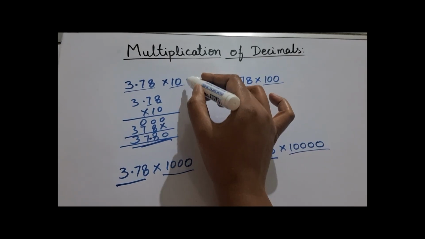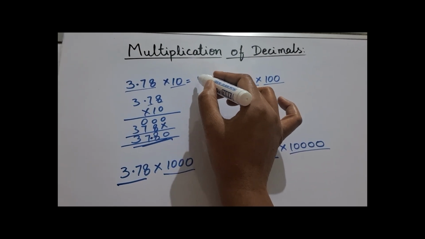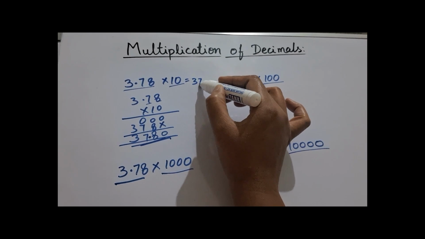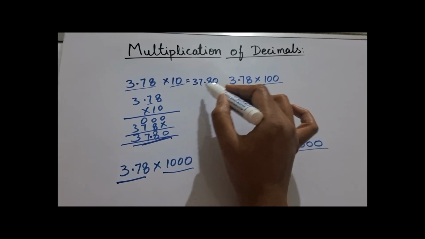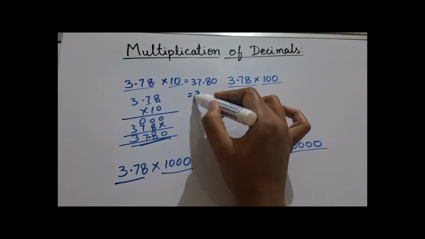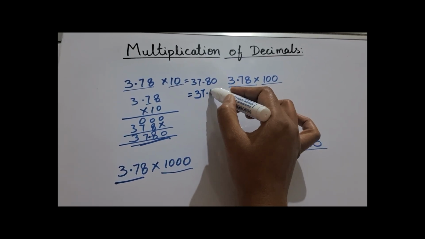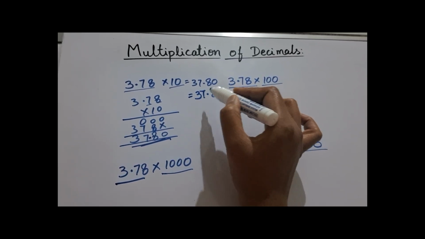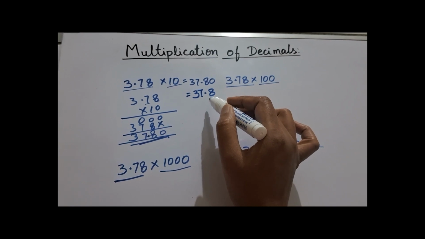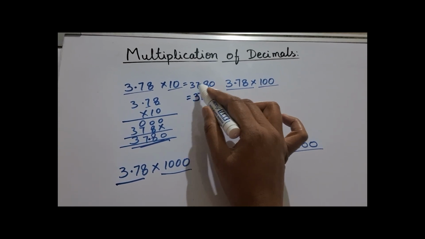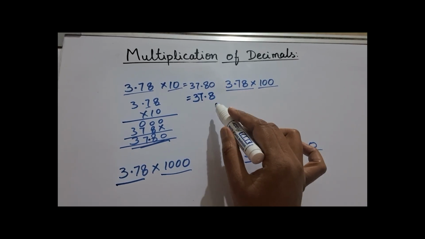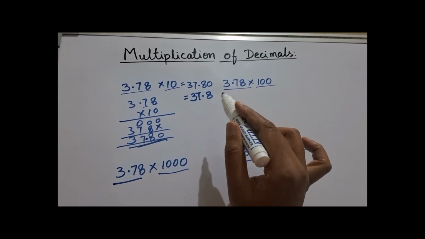That means what did we get as the answer? 37.80. Okay, children, and this can also be written, as we have learned in the previous classes, what are the equivalent decimals. So 37.80 can also be written as 37.8.